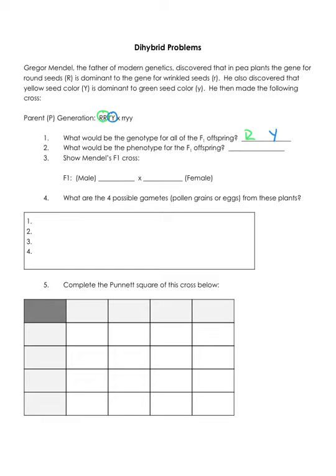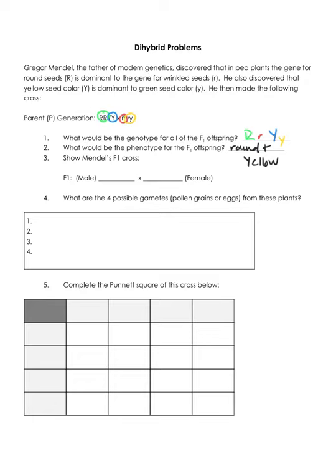And then this parent passes on a small r and a small y. So the F1 generation has the genotype capital R, small r, capital Y, small y. And the phenotype of those individuals is that they are round and yellow.